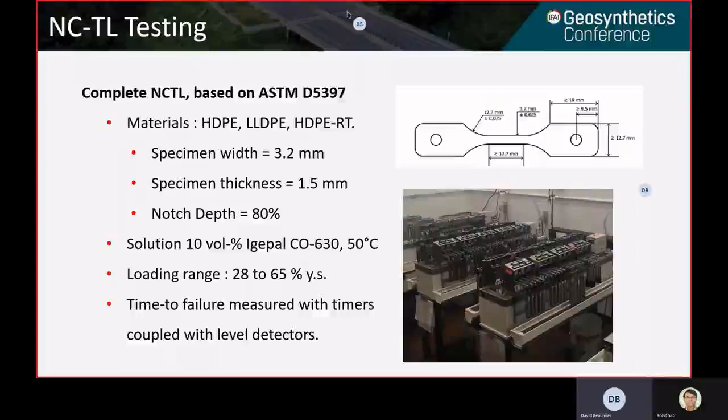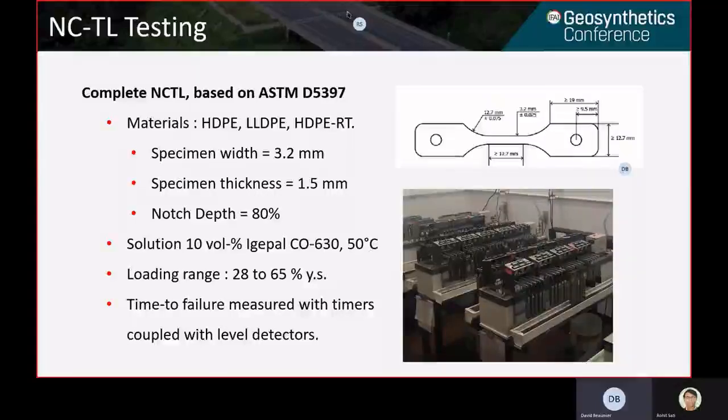The test consists of submitting very small dog bones with a small notch in the narrow section and immersing them in a bath that contains a solution of 10% IgPol CO6030.